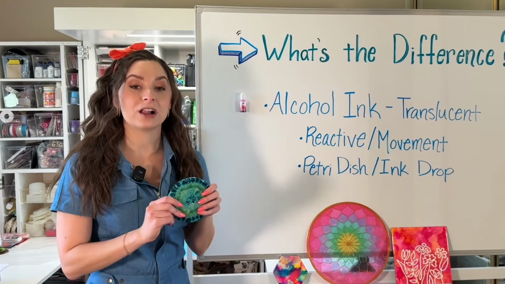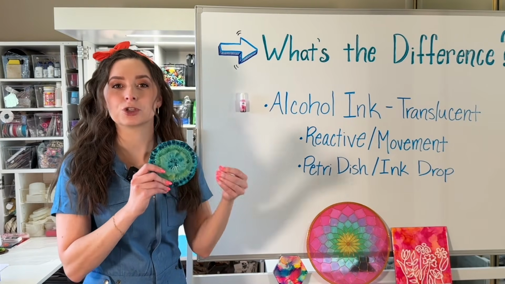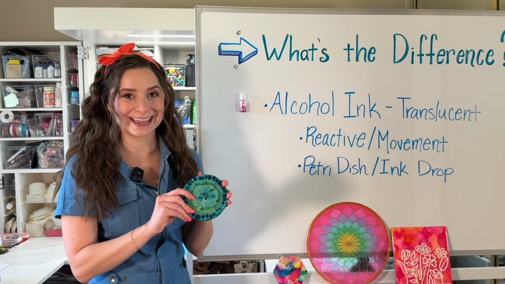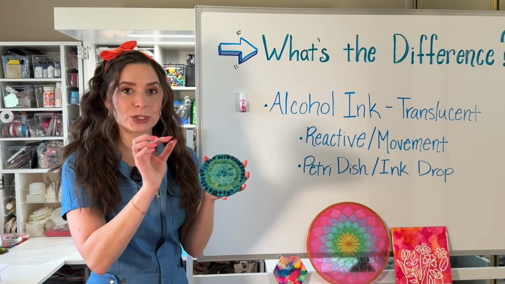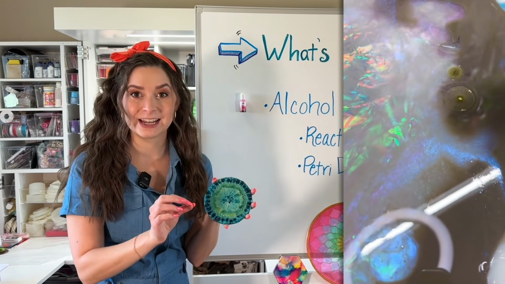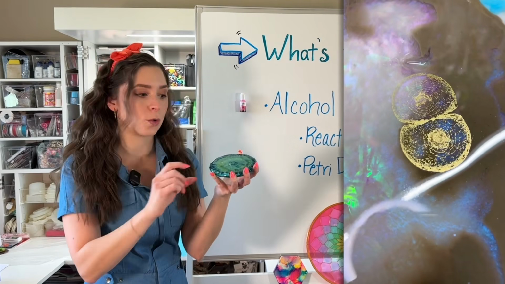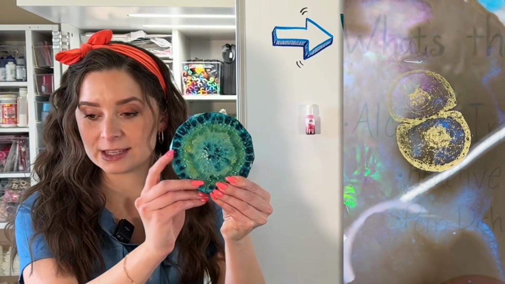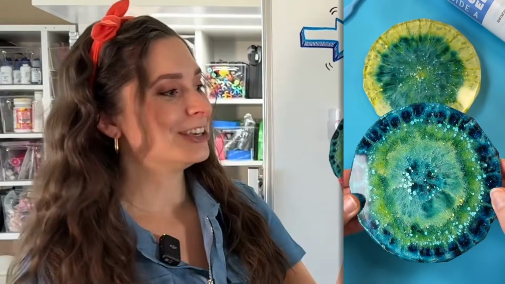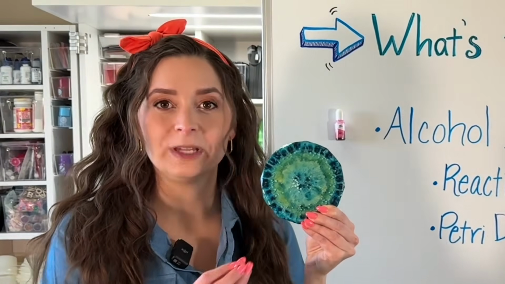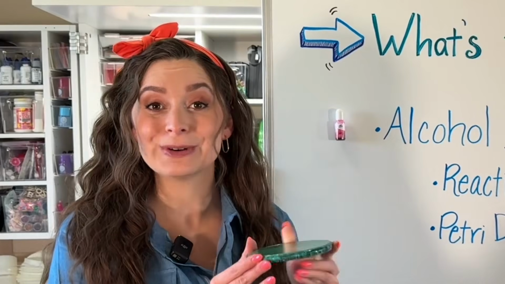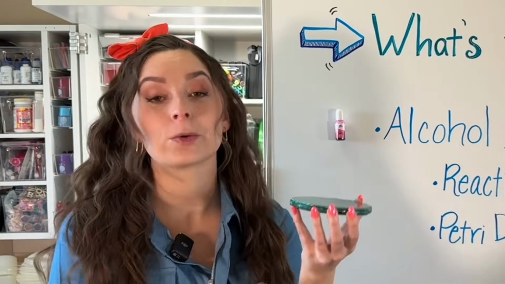What's awesome with alcohol inks is that it's so reactive and there's so much movement in it. And what I mean by that is you can actually drip it into your resin and it just creates this blooming effect, which is so cool. So you can kind of see in this piece, let's get closer. Wow. You can see this really cool blooming effect that it does. And so how you do it is you take whatever resin you're using.